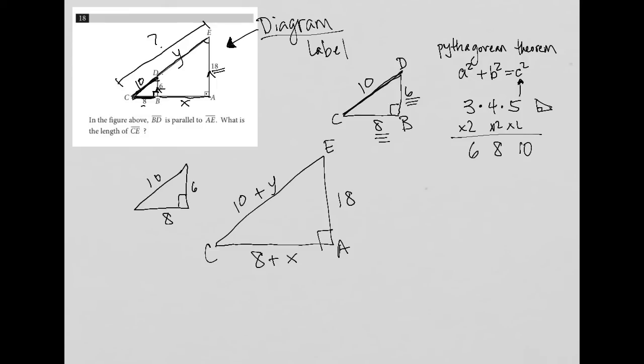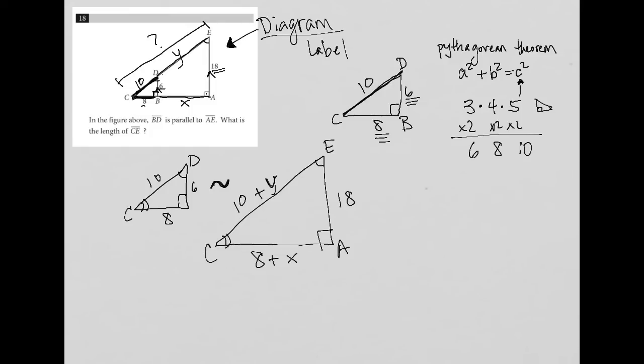So let's see how this works. What else do I know? I know that this angle E is congruent to this angle D. I also know that both triangles share this angle C here, so those are congruent, which means that what I have here are two similar triangles. Anytime I have similar triangles, I can use proportions. So what can I do if I'm trying to figure out what y is, or 10 plus y?